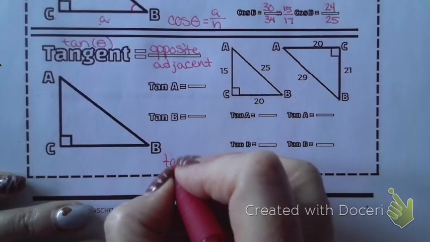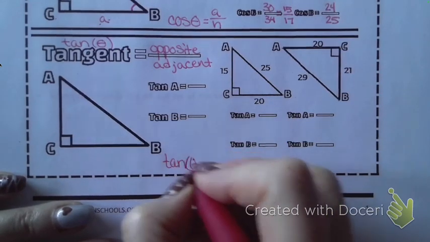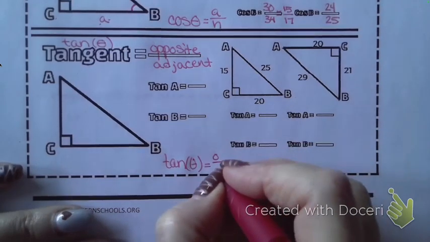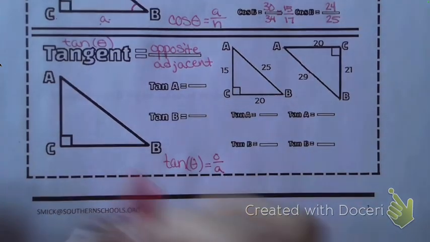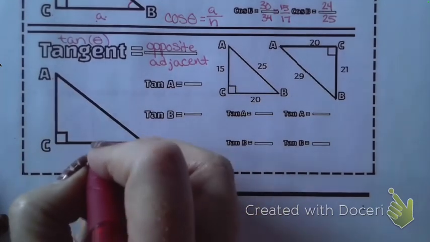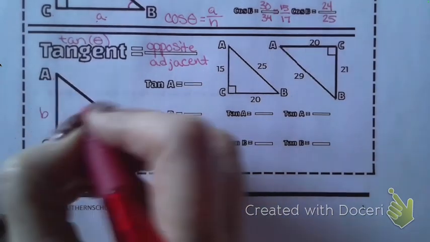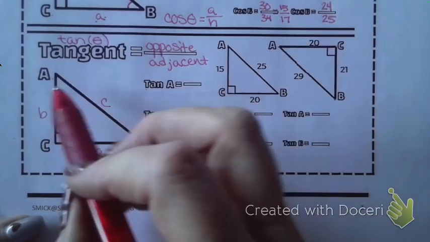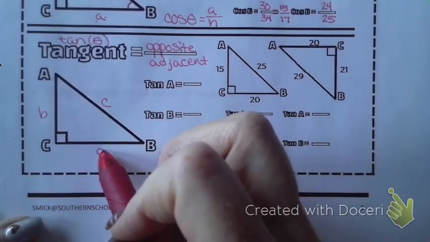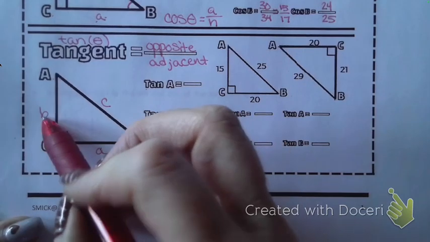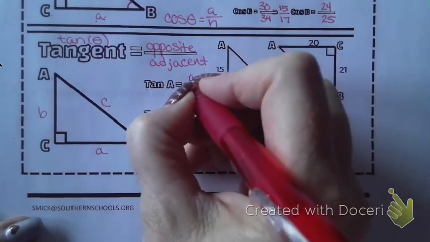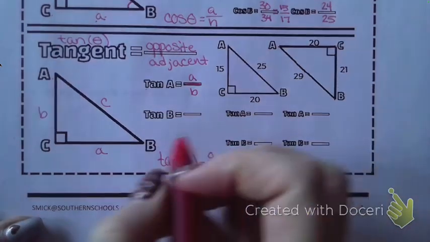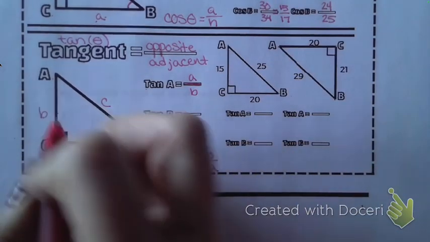So tan of theta is what letter over what letter? O over A. So we got to label my triangle, right? A, B, and C. So the tangent of A, opposite over adjacent, A over B. Tangent of B, B over A.